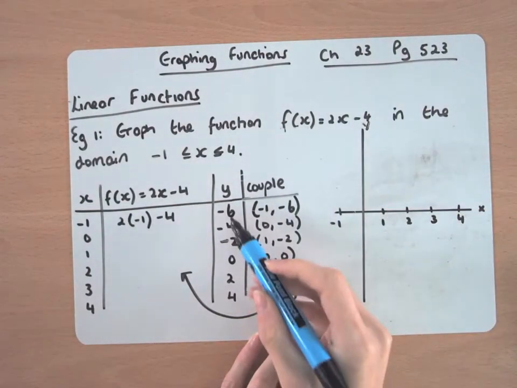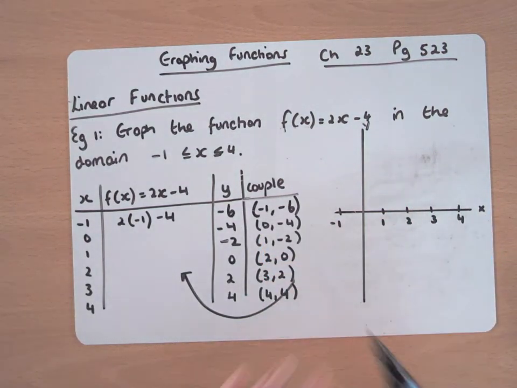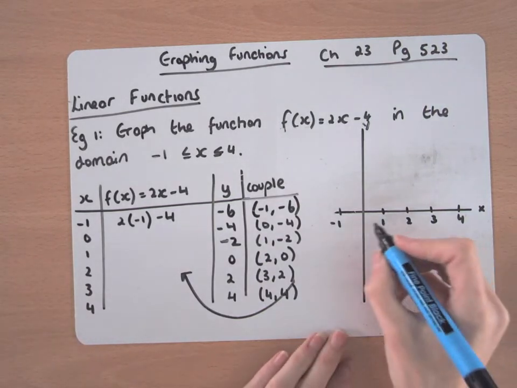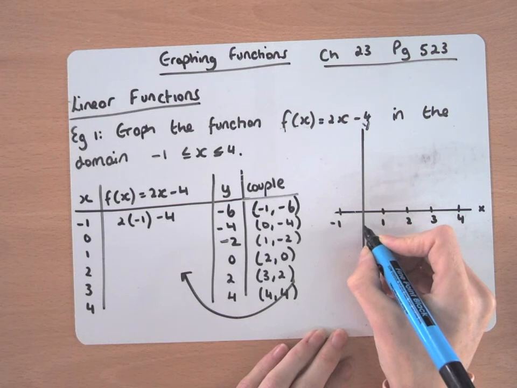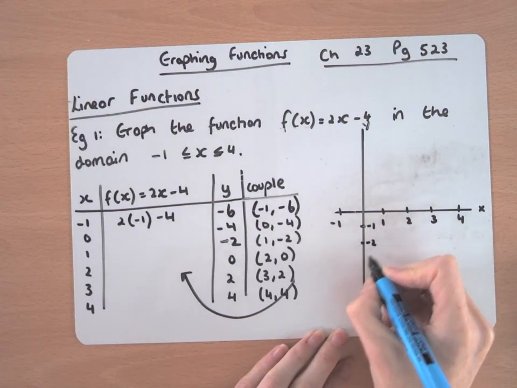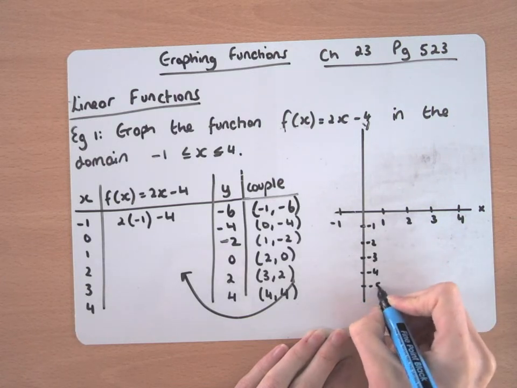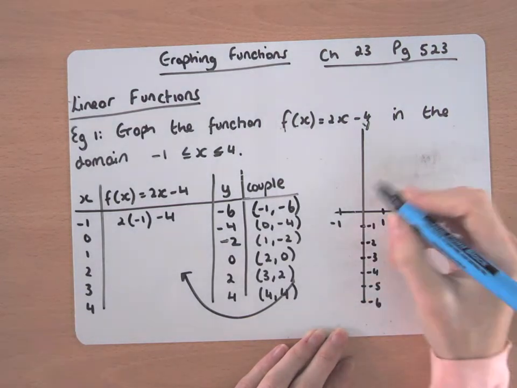My y's are going from -6 up to 4. I think I'm going to go up in 2's. You can go up in 1's if you have enough room. It's up to you. Maybe I'll go up in 1's this time. So I need to get down to -6 and up to 4.